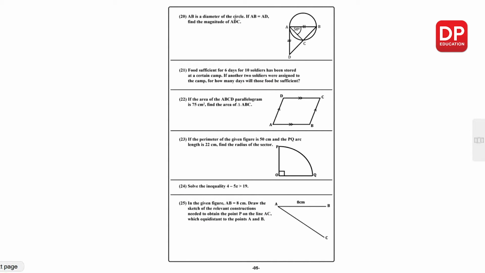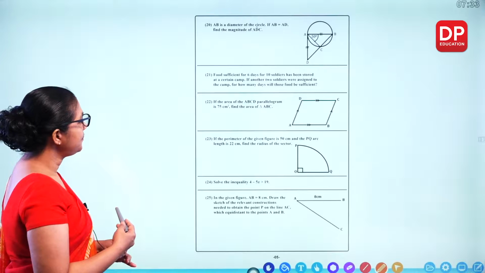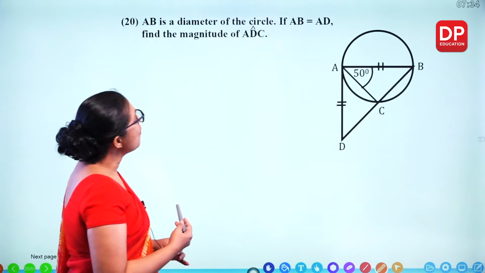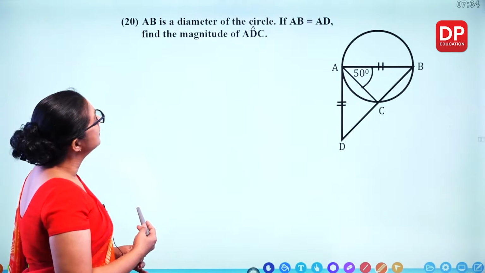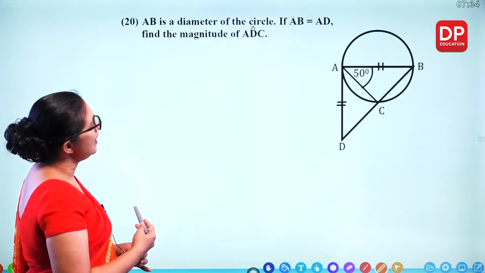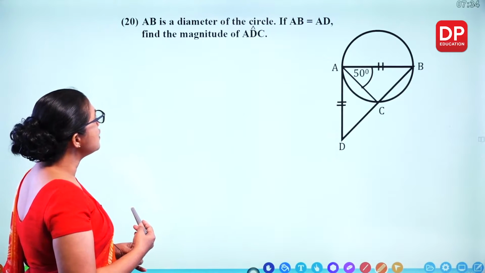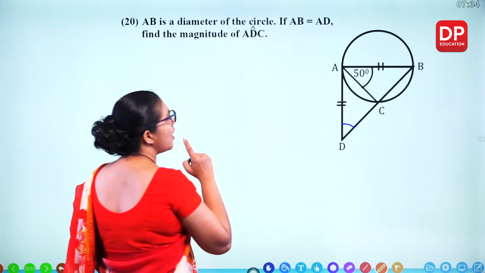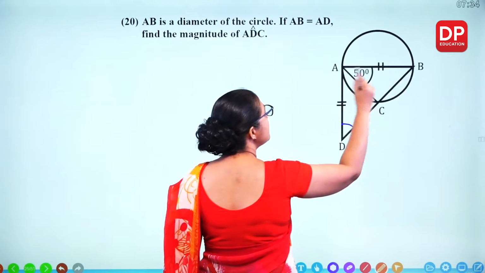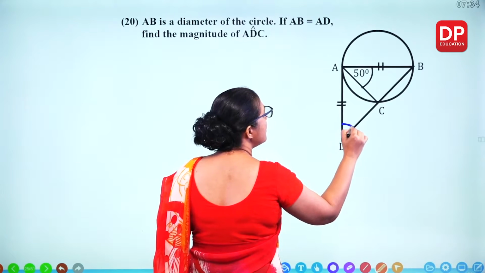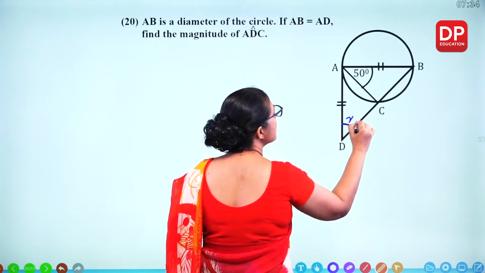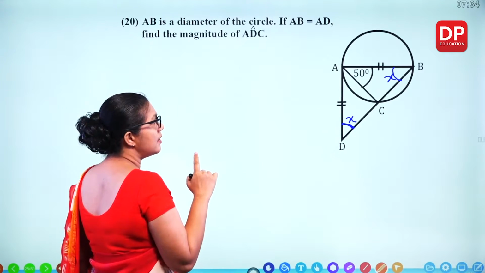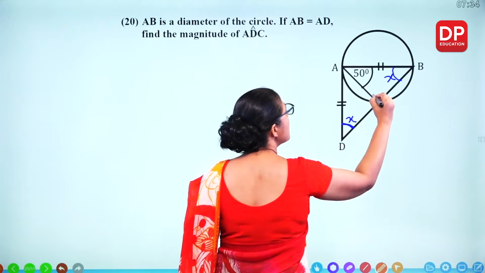Now you can try question 22, 25. AB is the diameter of the circle. If AB equals AD, find the magnitude of ADC. We know this is an isosceles triangle, so if this one is x, this is also x. And AB is the diameter, so what is this angle?